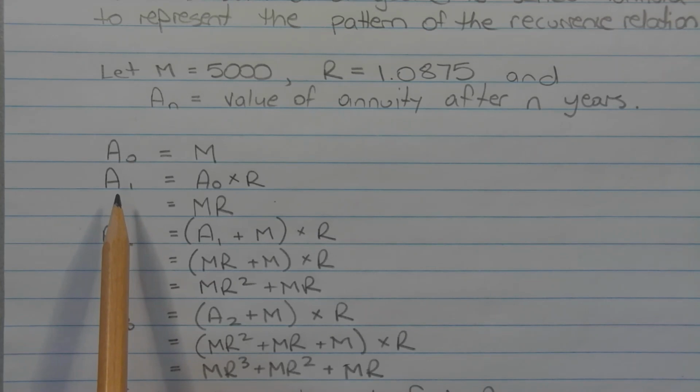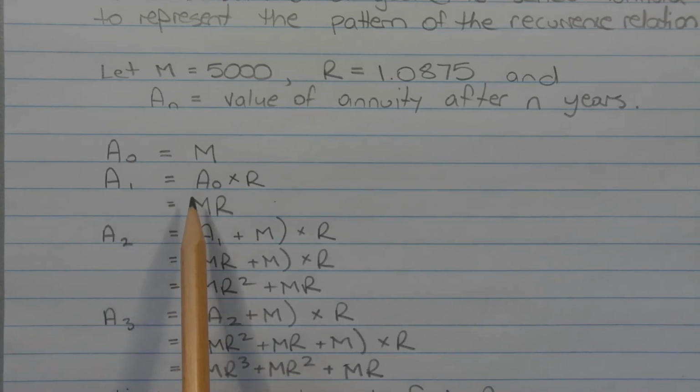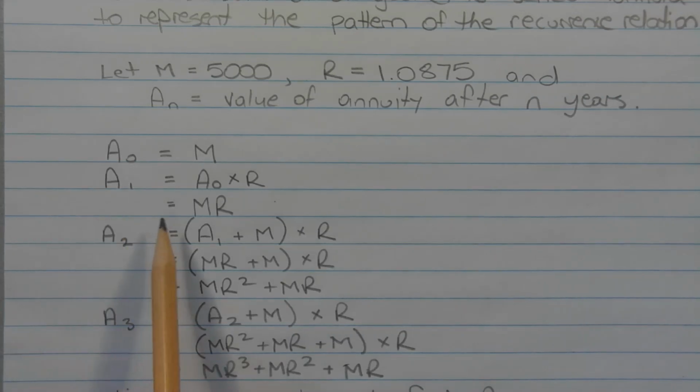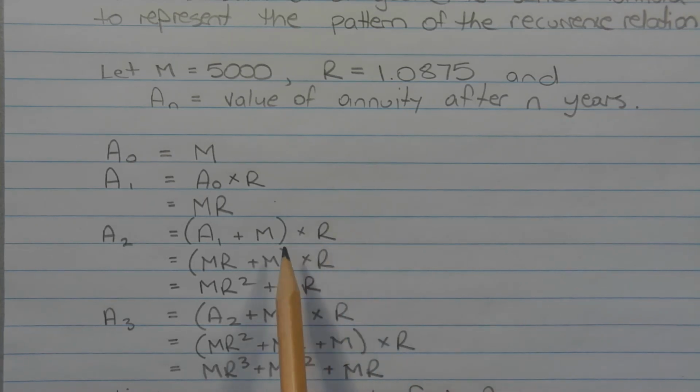A_1, the value of the annuity after 1 year, is equal to A_0 times capital R, and A_0 is equal to M, so A_1 is equal to M times capital R. A_2, the value after the second year, is equal to A_1 plus M. So A_1 is the value of the annuity after the first year, plus 1 contribution of M. I'm going to put that in brackets, and then increase that by 8.75%, which is done by multiplying this expression by capital R.